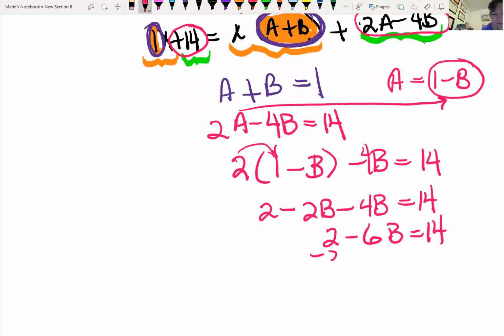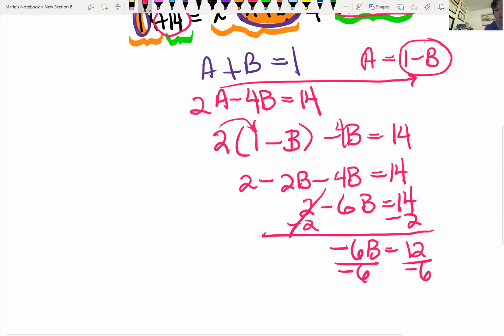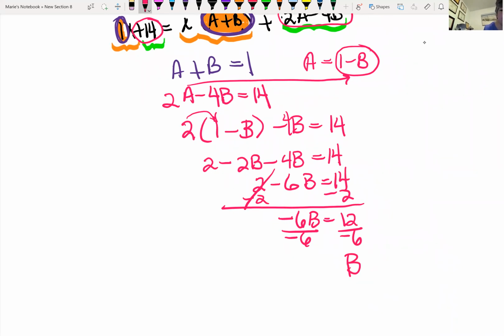When I subtract this 2 on both sides, that'll cancel. That'll leave me negative 6b is equal to 12. And therefore, when I divide by negative 6 on both sides, then I find out that b is equal to negative 2.